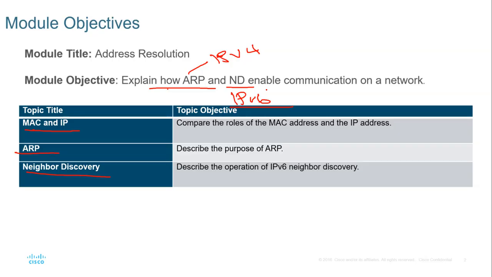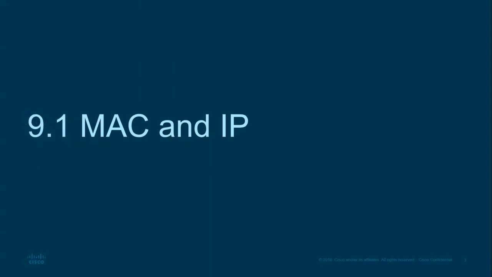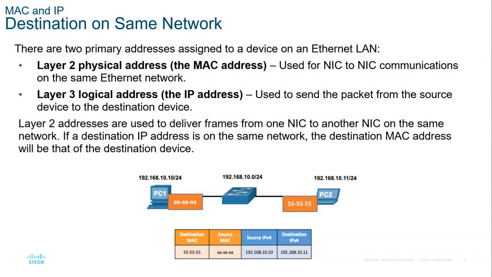So a layer 2 device or switch, or even the end devices, they use those two protocols to exchange the MAC addresses, so the MAC and then the IP address, for a destination on the same network.